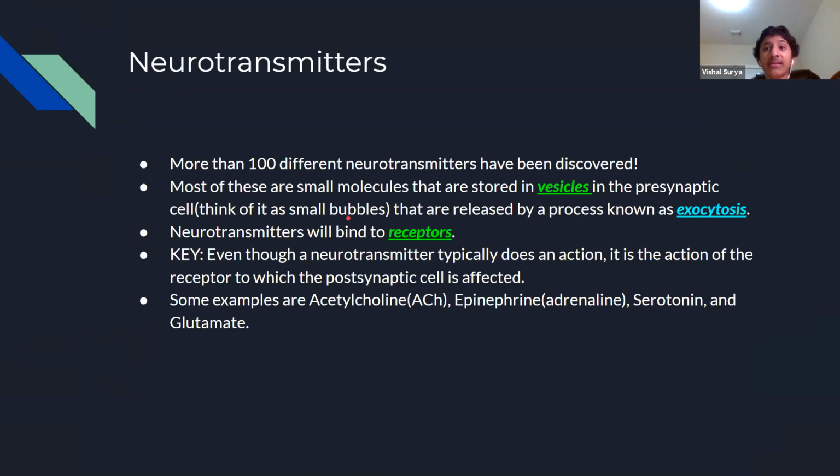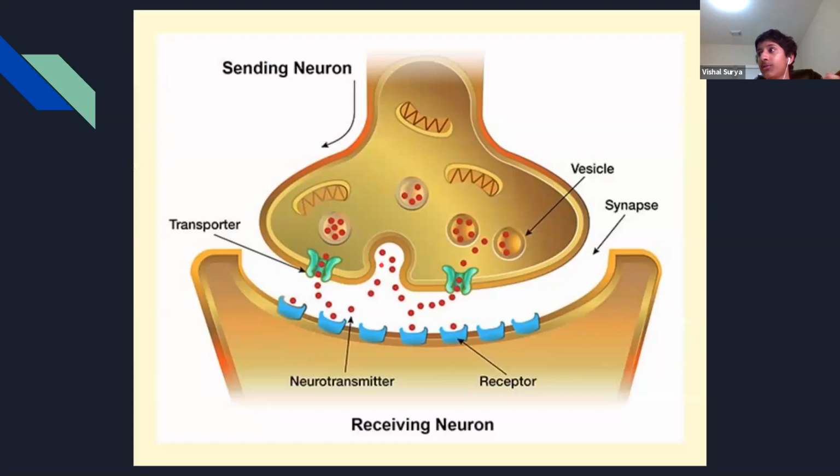I won't get into the specific details of exocytosis, but that's just how the vesicles release a neurotransmitter. These neurotransmitters will bind to receptors, which bind to the neurotransmitter and elicit a response. You can see the receptors right here.